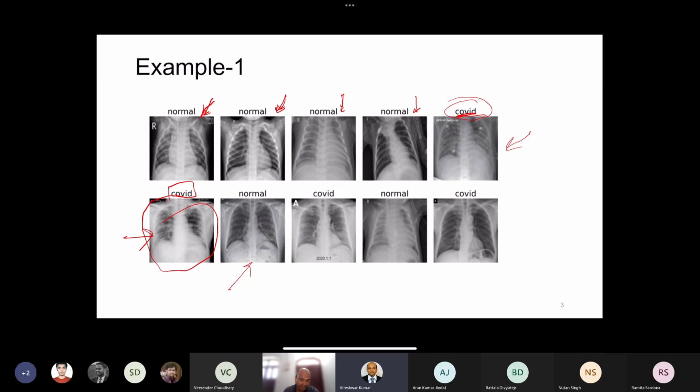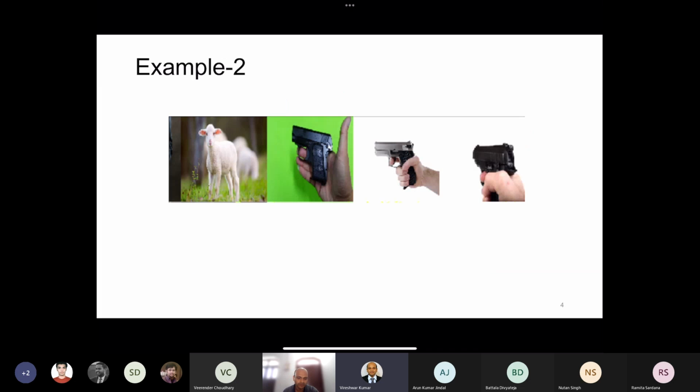Then if we give another scan, it has to choose between normal and COVID, so probably it will choose normal. I'm not a doctor, so I cannot differentiate these things, but the decision will be made by the machine learning algorithm. Let me give you a few more examples and then we can talk.